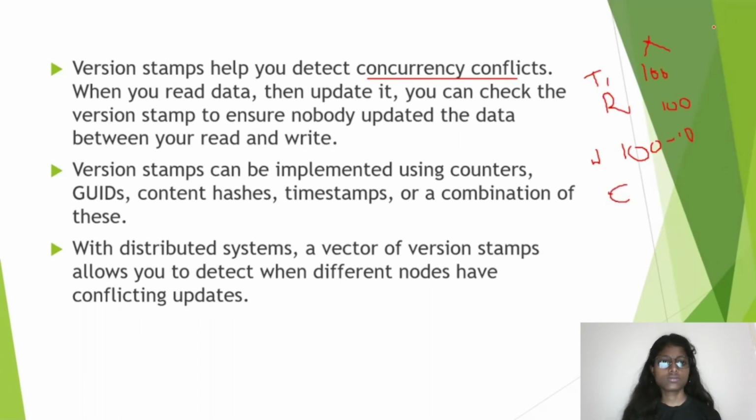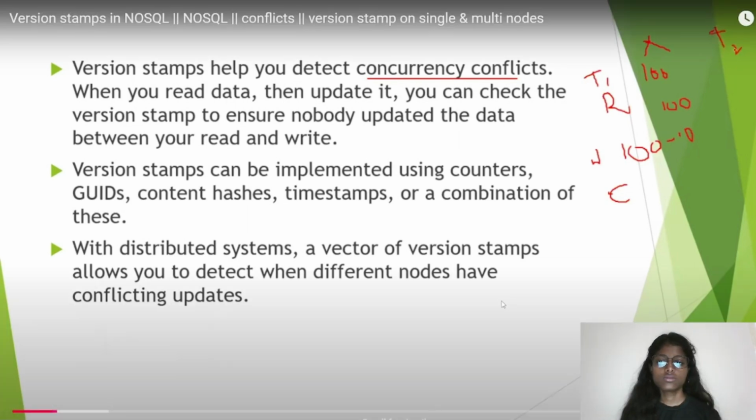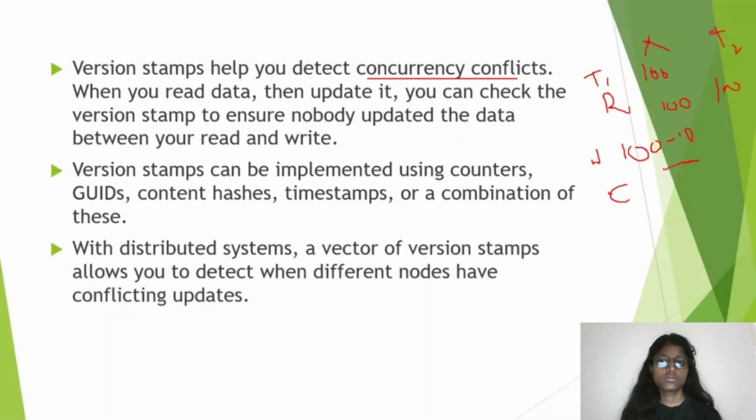At the same time, T2 is a transaction which is also reading the value as 100. Before you update the value, T2 has already updated. Consider T2 has done 100 minus 20, so the value will be 80.